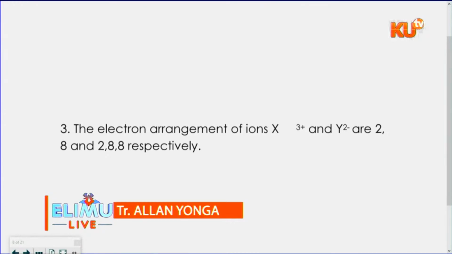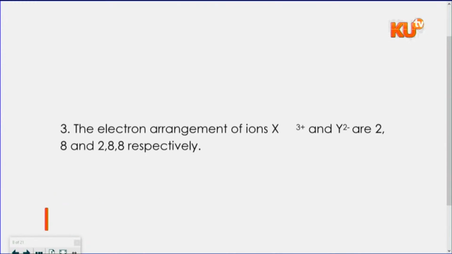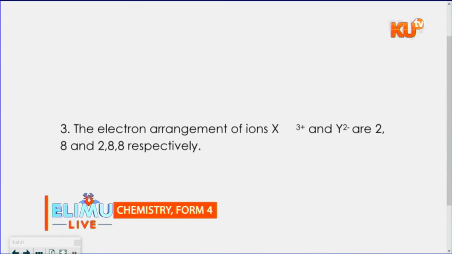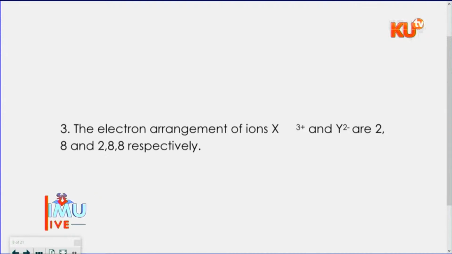So the electron arrangement of X, you have been told, is 2:8, while the electron arrangement of Y is 2:8:8. If X is 2:8, then it means before it was 2:8 it had 3 electrons, it has lost 3 electrons.